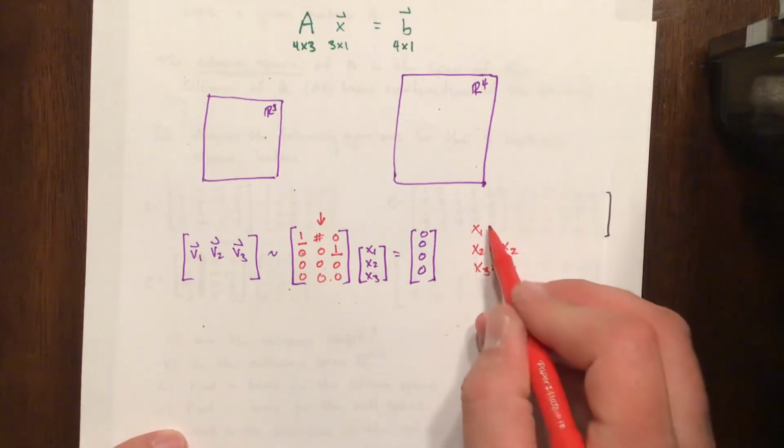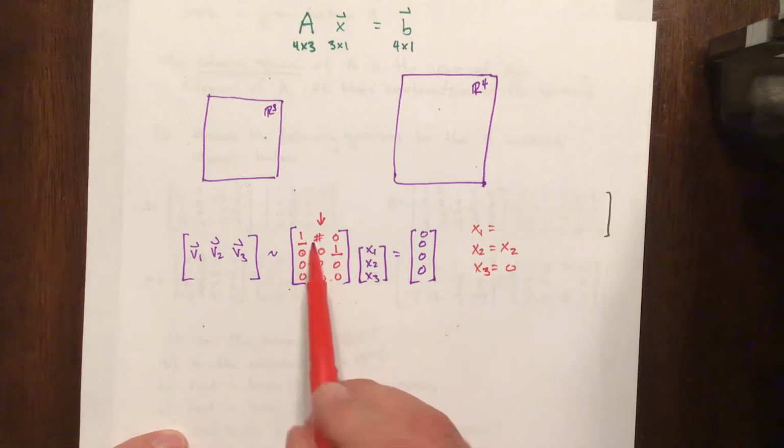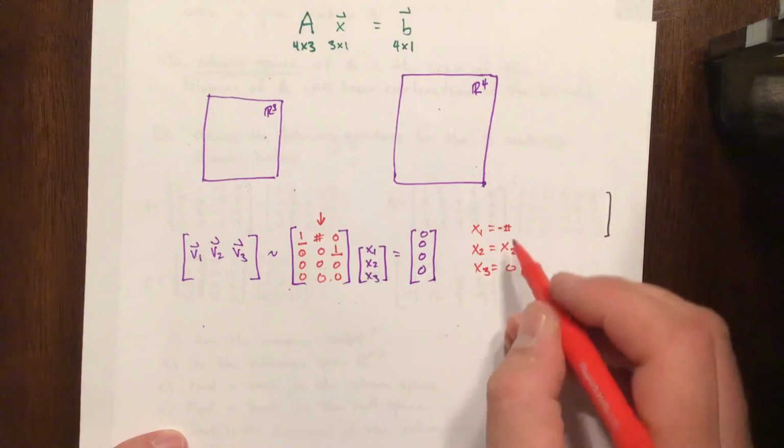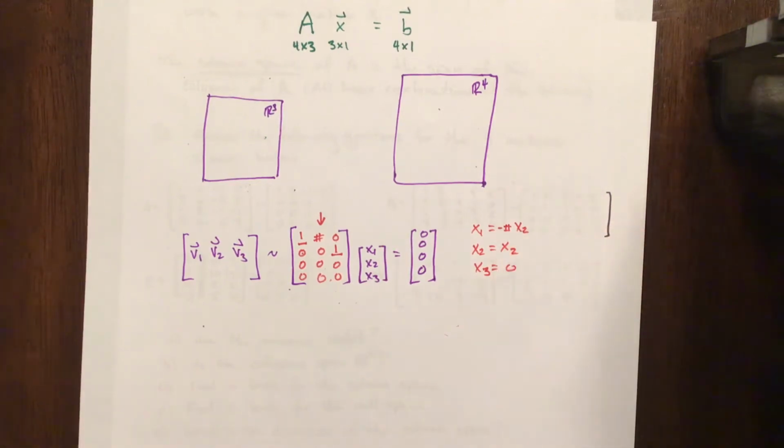x1 is going to be equal to negative whatever that number is times x2. Okay, and we found null spaces of lots of matrices before, so this is not anything that's new to you.